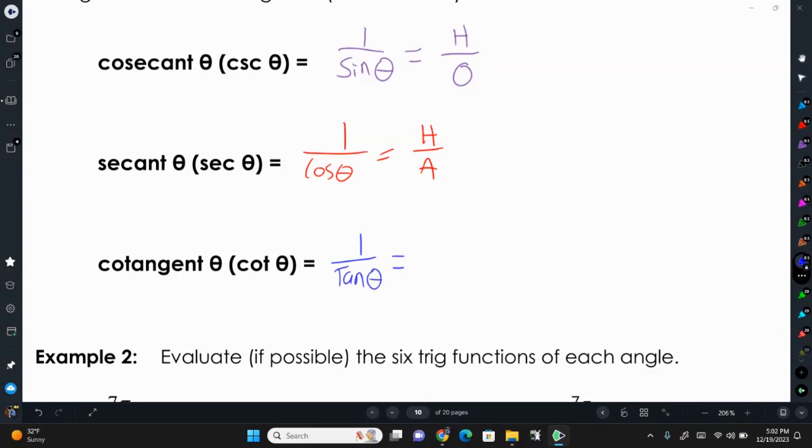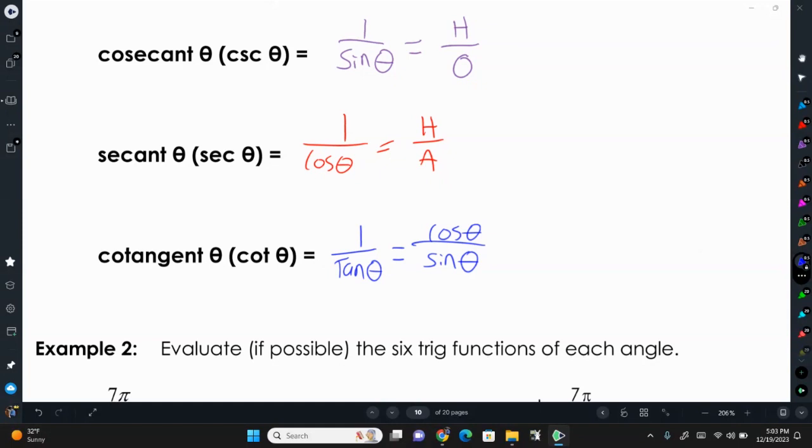It can also be written as cosine over sine, because we know tangent is sine over cosine, so if I flip that it becomes cosine theta over sine theta, and then if we relate it back to the triangle, it would be the adjacent over the opposite side. So again, sometimes it'd be easier to do 1 over tangent, sometimes it'd be easier to do cosine over sine, and other times it'll be easier to do the adjacent over opposite.